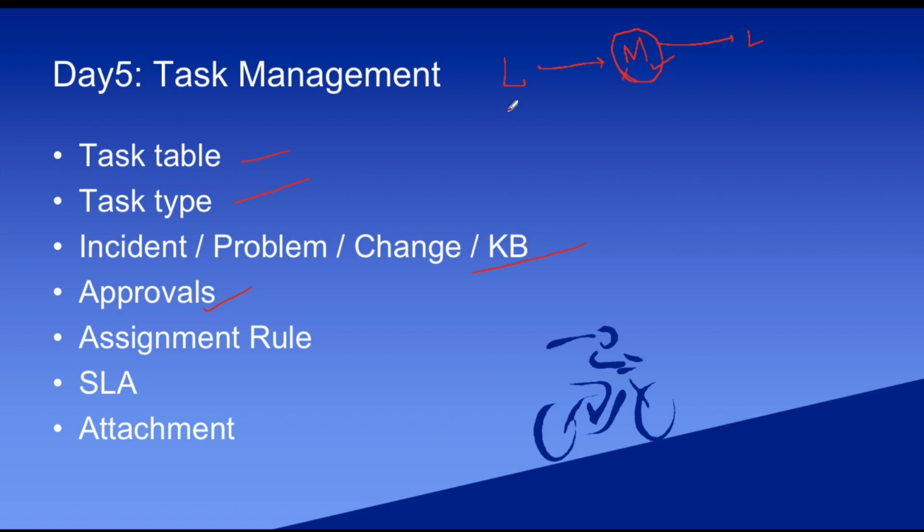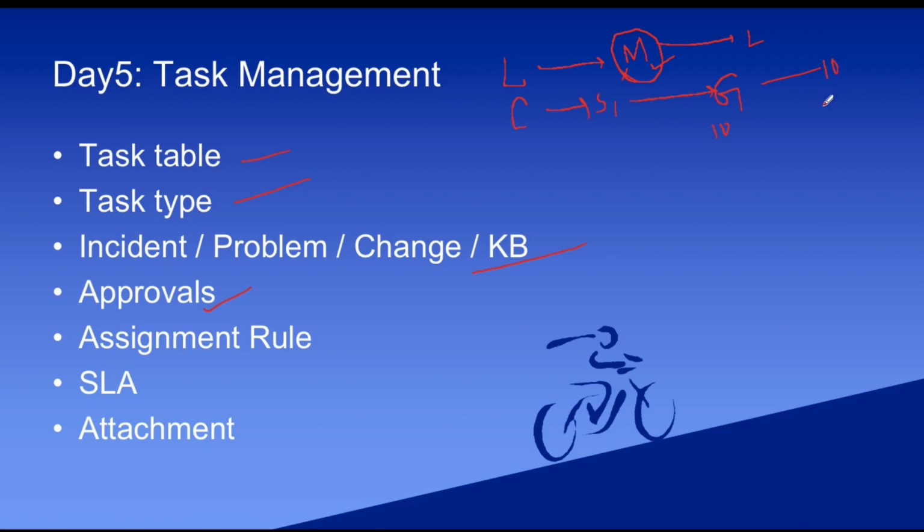Next, we assume that you created a change request to upgrade a particular server called S1. Once you raise the change request, it will go for approval to a particular group, G1. So this is the group approval. Let's say this group has 10 members, it will automatically generate 10 approvals.